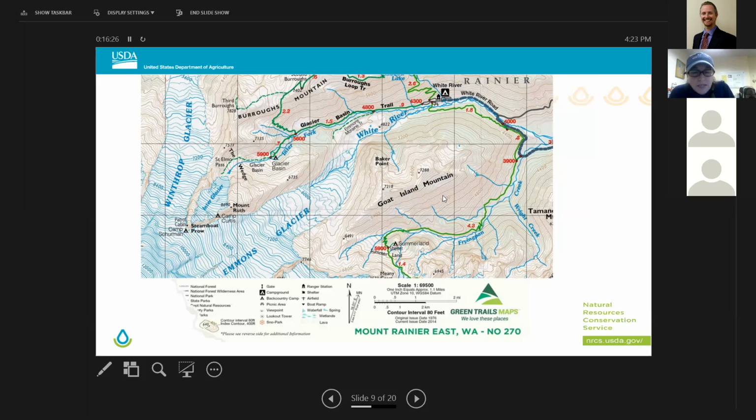Yep, it could be. So let's look at Goat Island Mountain. I know north is up, so south is headed down from where I'm looking. So if I look at Goat Island Mountain and I'm looking kind of to the southeast, do you think that's pretty steep terrain?